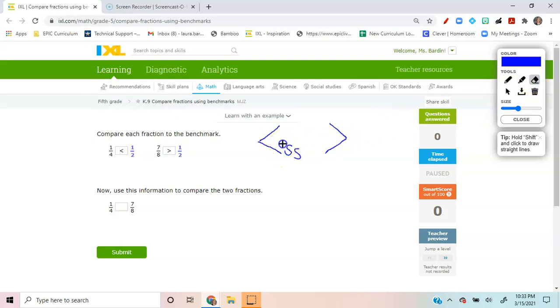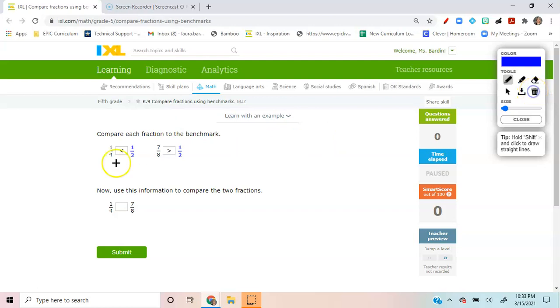We also have been taught in our lower grades that the alligator will take a bite of the larger number. So this number must be larger than this number in order for it to be a less than symbol, because 1 is less than 10 and 10 is more.